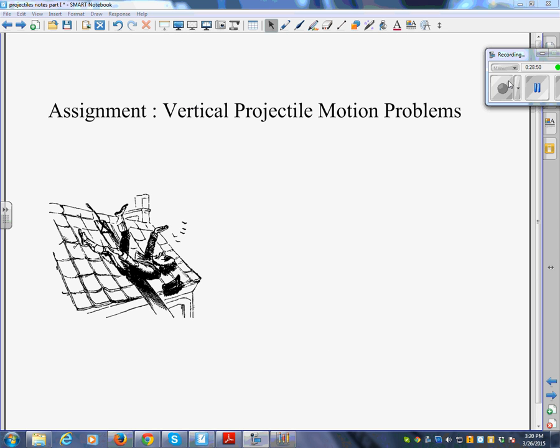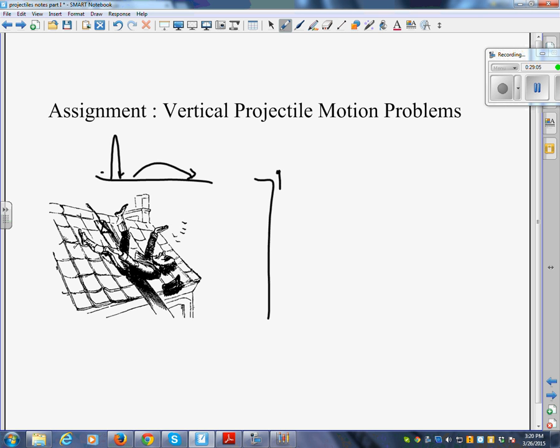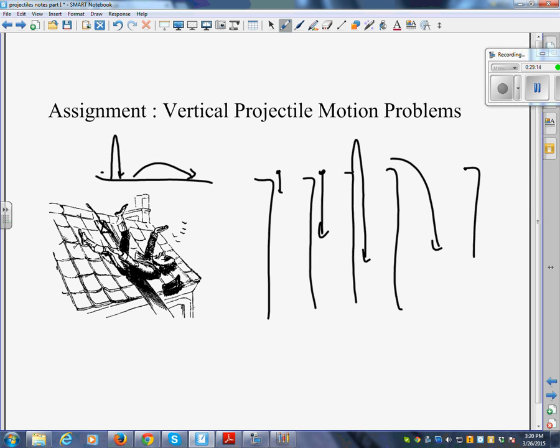What are the 7 types? There's 2 beginning kinds. There's on straight ground. Straight up and down. At an angle. Off a cliff, there's dropped, thrown horizontally, and at an angle.